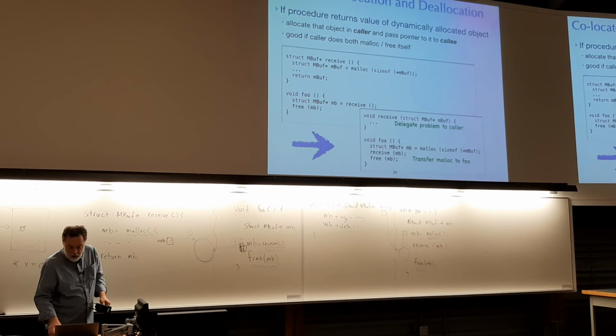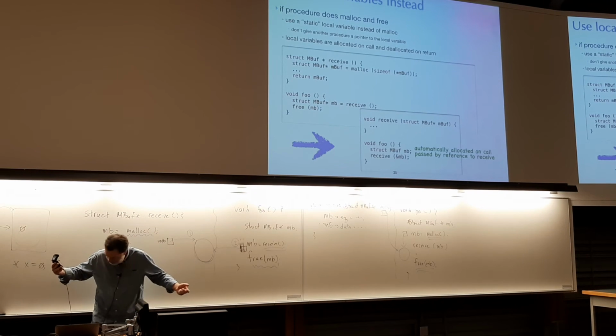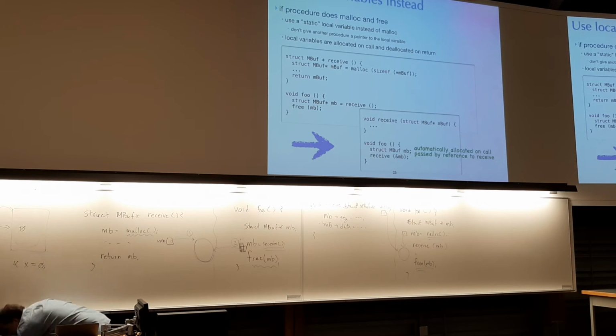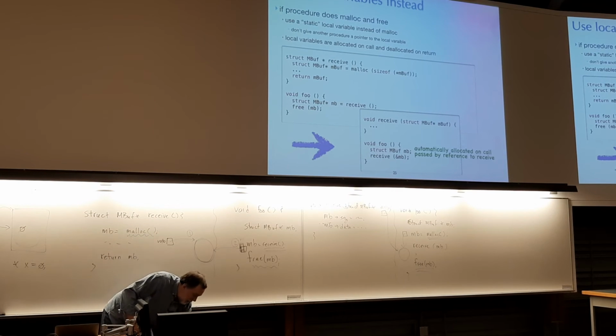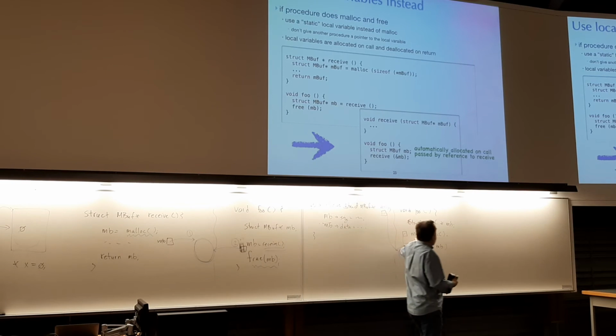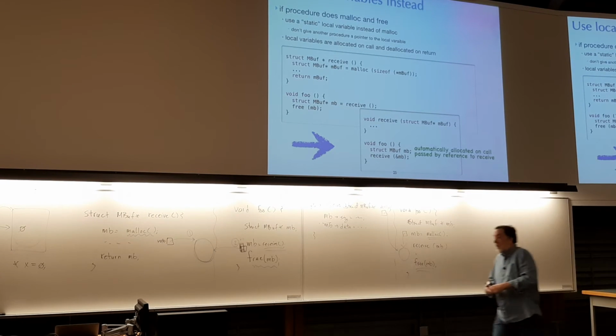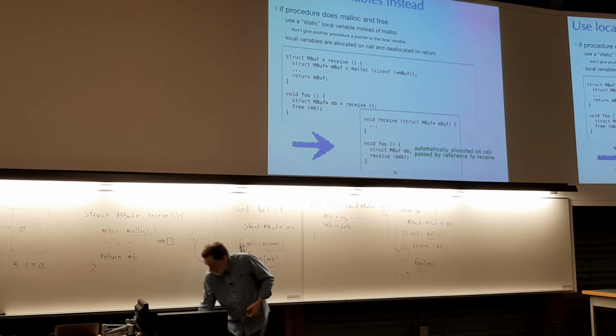You can make this even a little bit better by, rather than allocating the buffer here, we could make this a static struct as a local variable. As soon as I get there. I'll show you.